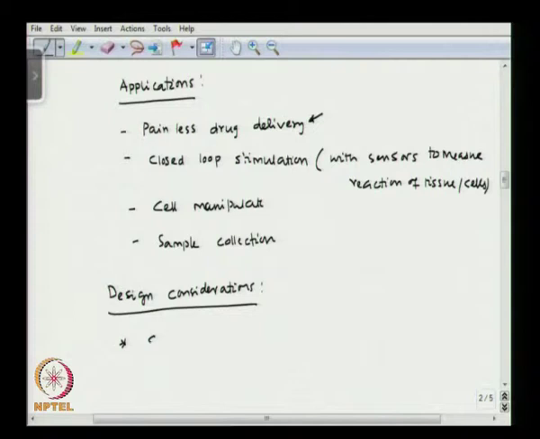The most important thing is that the microneedle needs to be sharp for easy penetration into the skin. So, sharpness for tissue penetration.